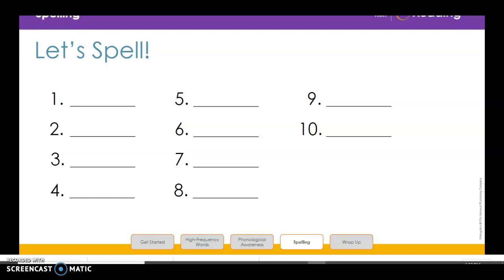I whip cream to put on the pie. Whip. Number 9 is which. Which book is better? Which.